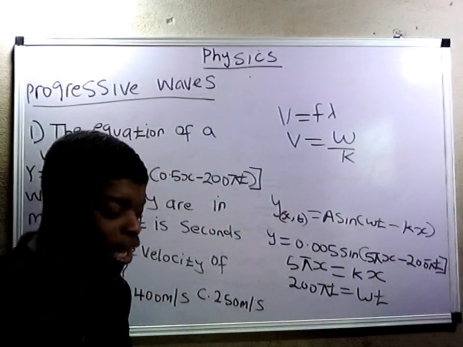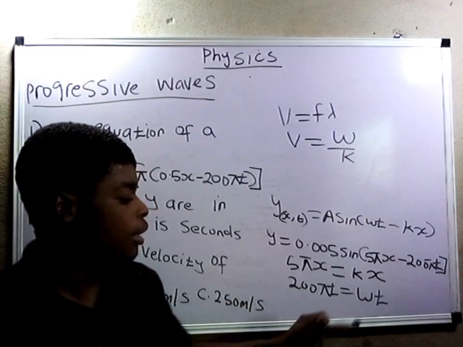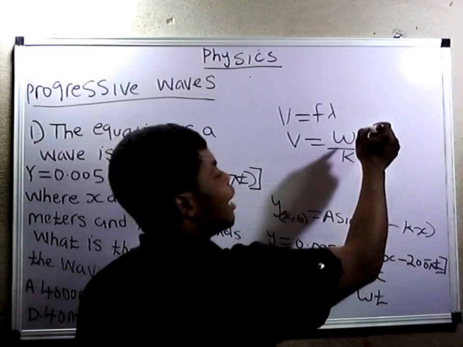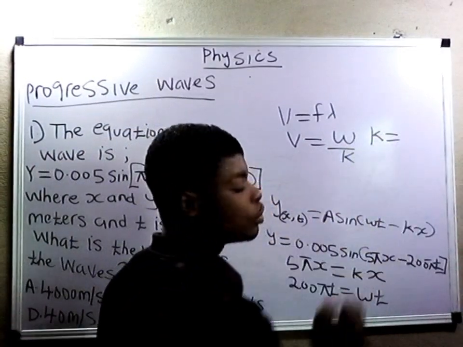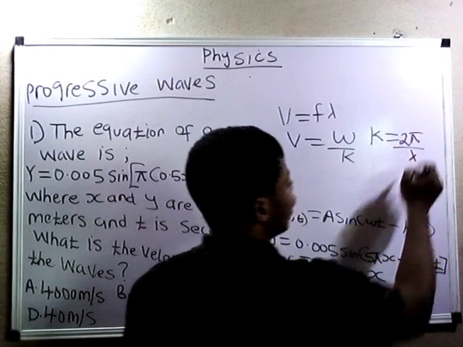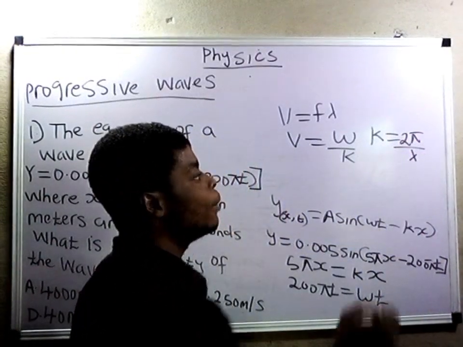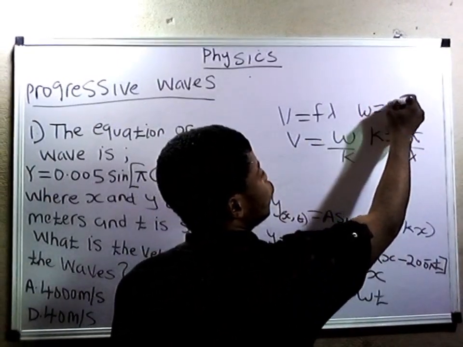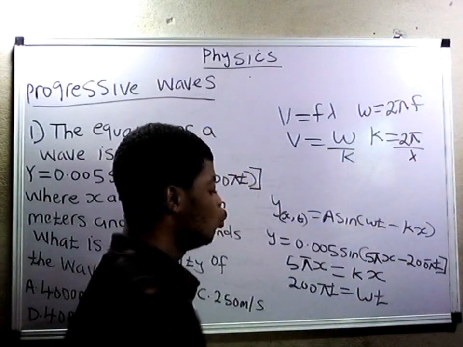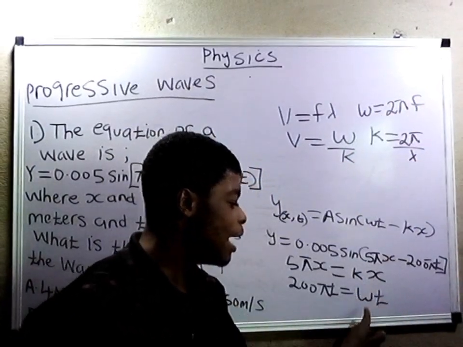So I told you earlier that k equals 2 pi over lambda and w equals 2 pi f. Put these values to replace k here and w here.